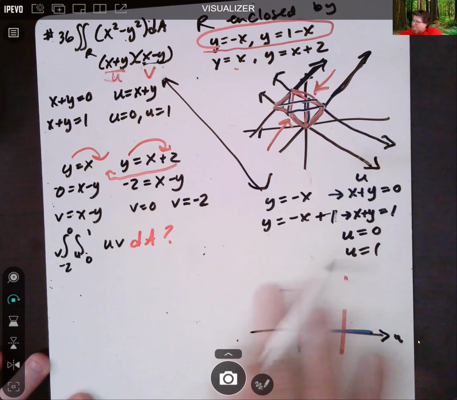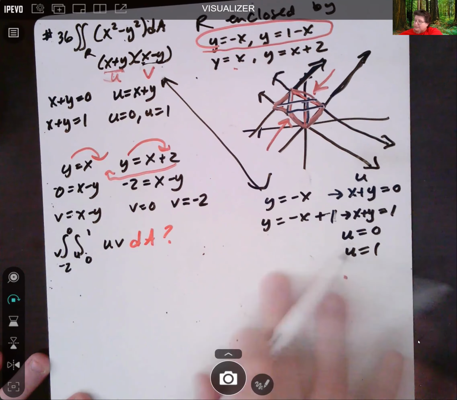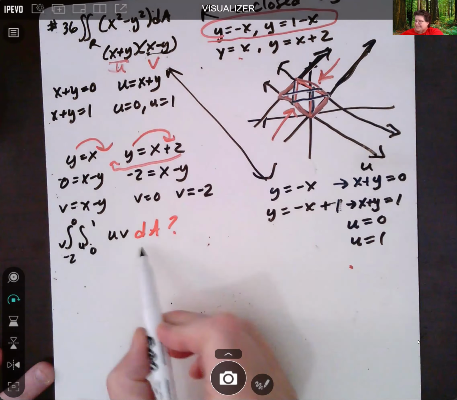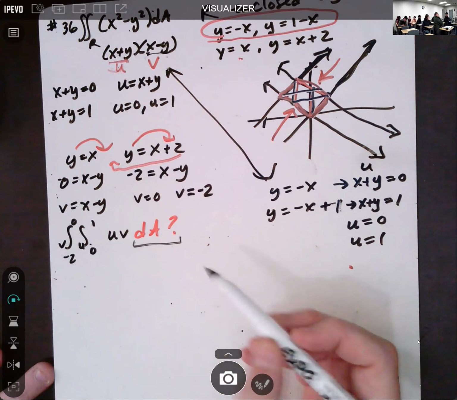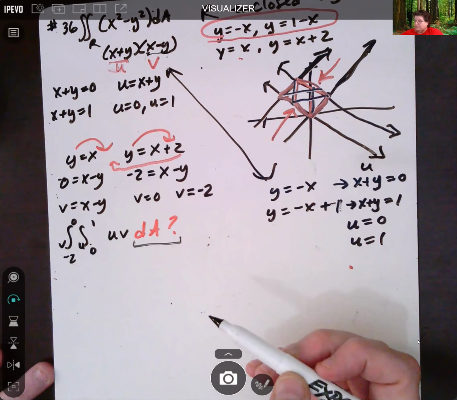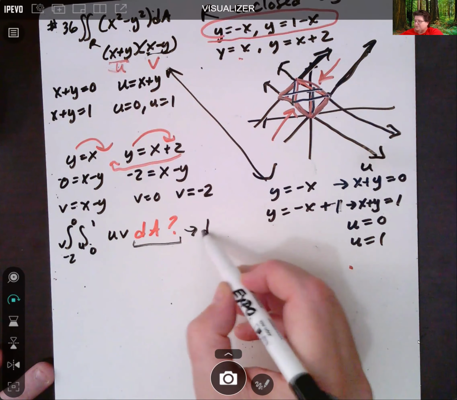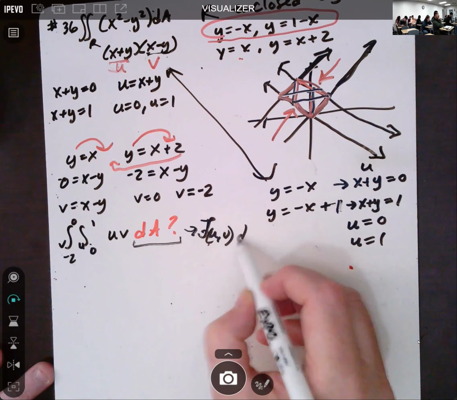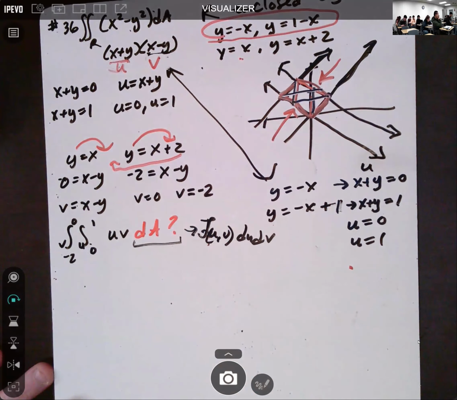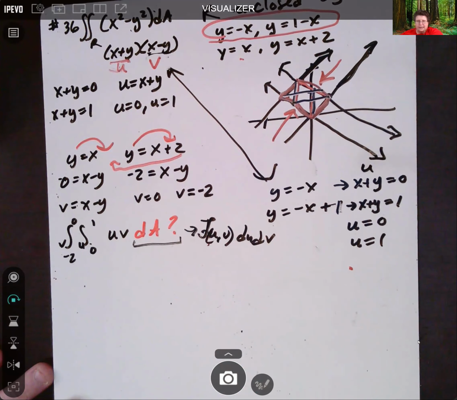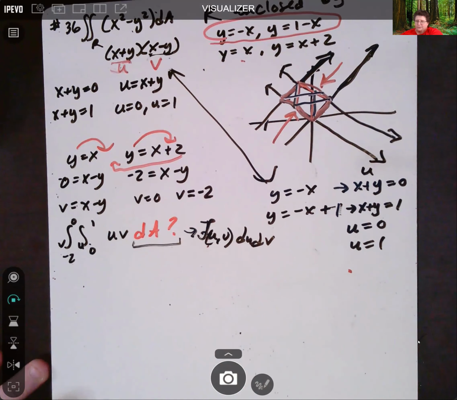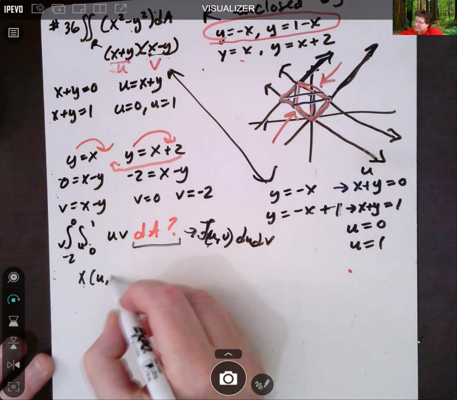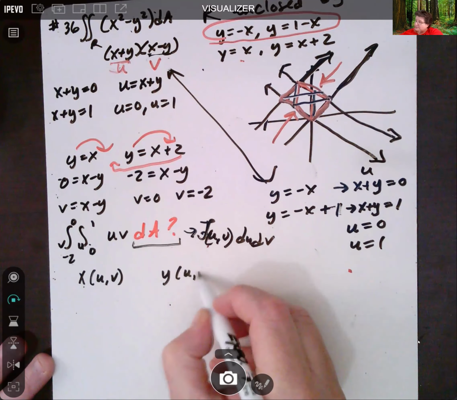So let's at least finish setting up this integral, even if we don't solve it. We still need dA, and dA is going to come from the Jacobian. We need to shift dA over to the Jacobian of UV with du dv. To do the Jacobian, I need x's in terms of u's and v's and y's in terms of u's and v's.